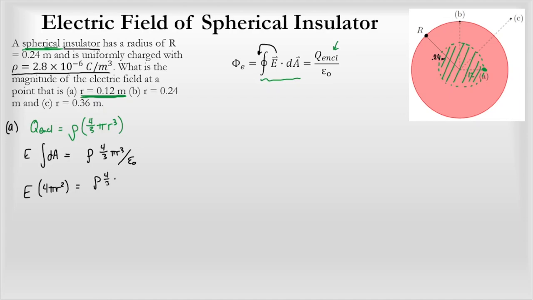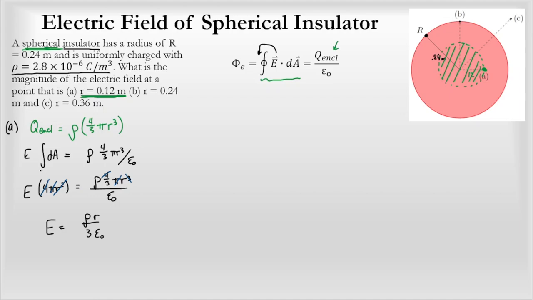Rho 4/3 pi r cubed divided by epsilon naught. I'm going to do the simplification that I mentioned before, simplify as possible. There's a 4 on both sides. There's a pi on both sides. This r squared cancels out all but one of those r squareds. And when I simplify this formula, I get the electric field equals rho r divided by 3 epsilon naught.